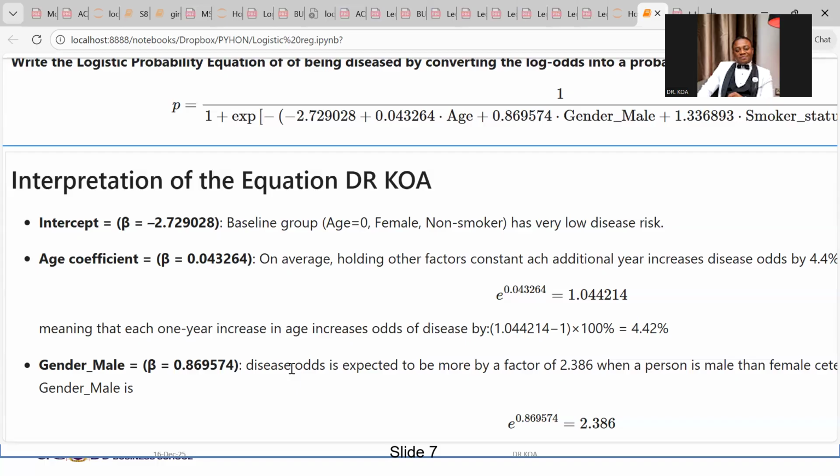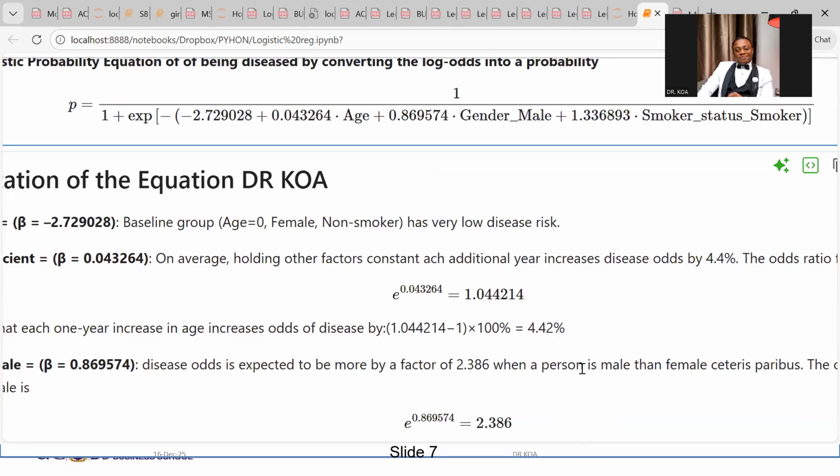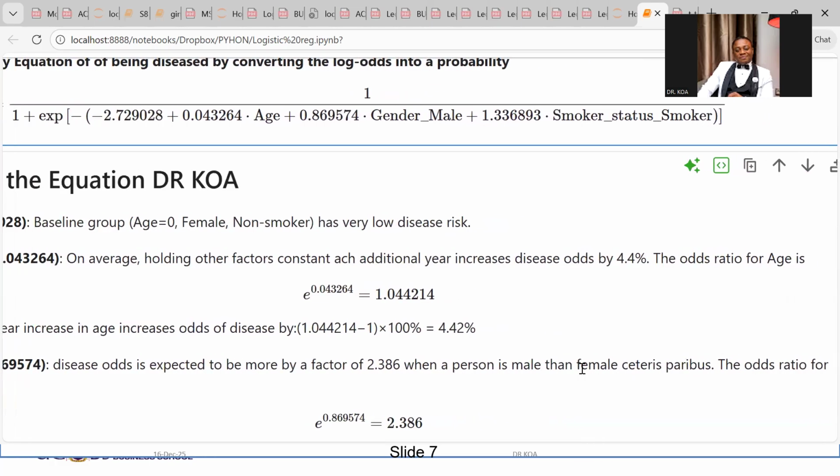So it's expected to be more by a factor of 2.38 when the person is male than when the person is female.